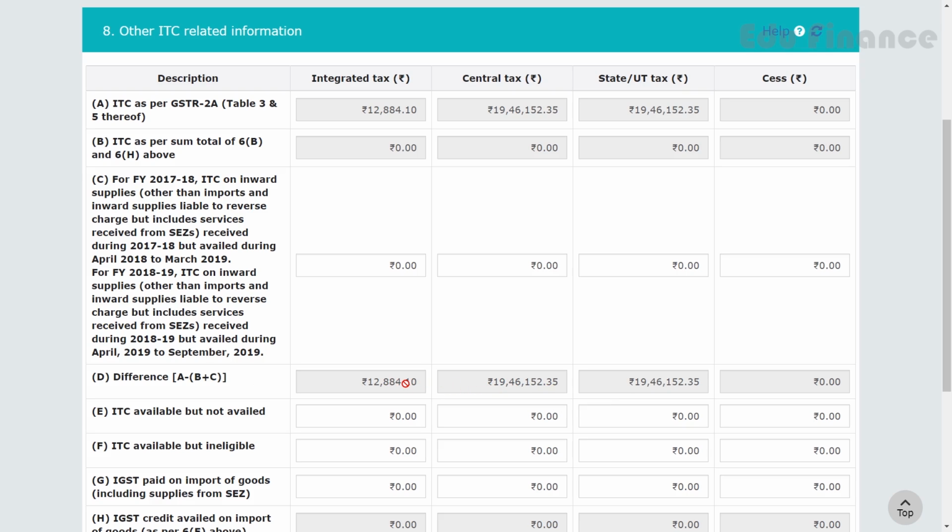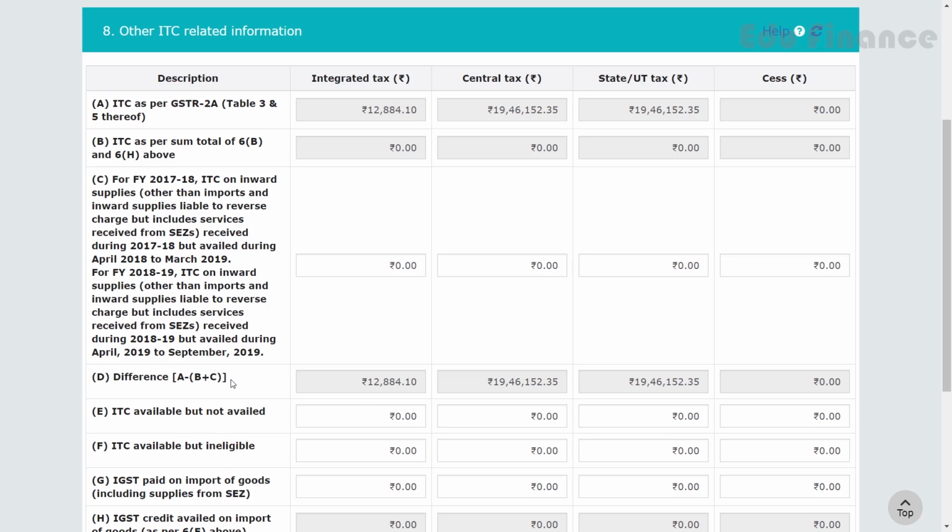If it is positive, ITC availed during the financial year is less than total credit available in GSTR 2A. The reason for such difference may be unavailed ITC or ineligible ITC, and enter such reasons in the respective column.